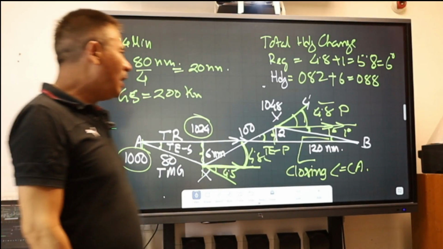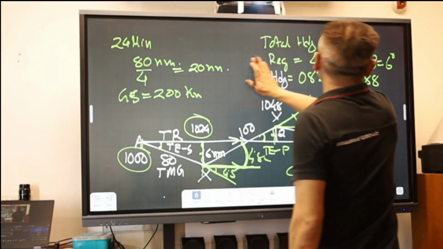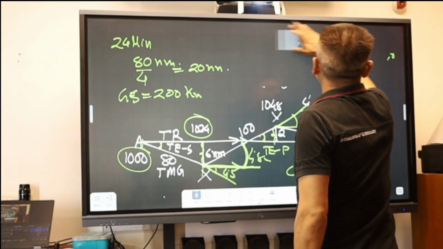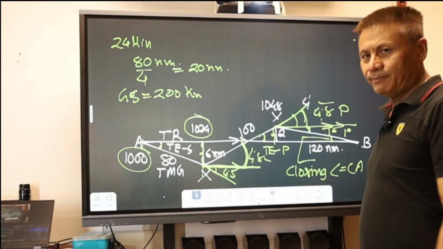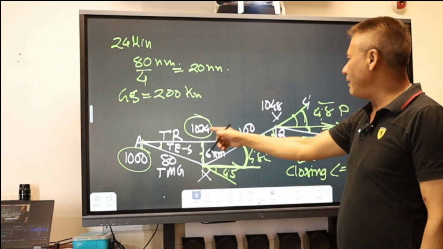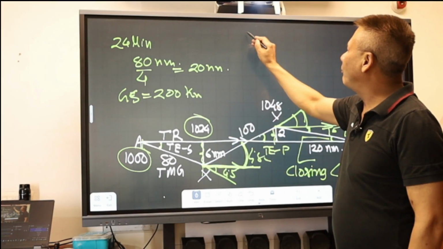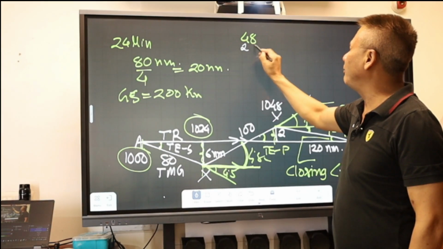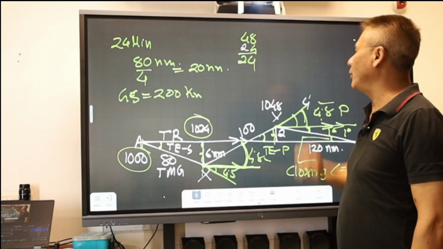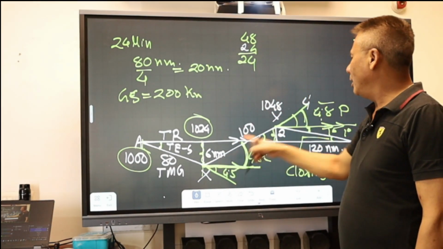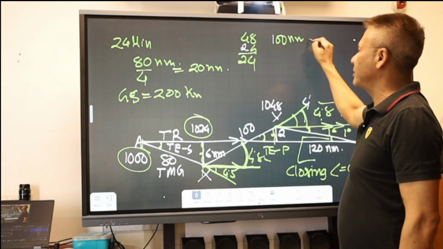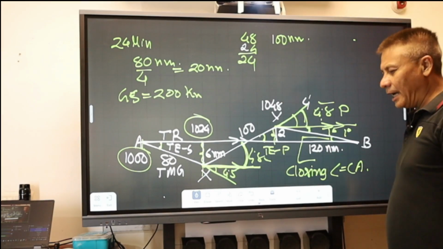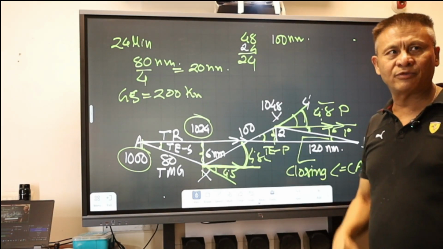Now, similarly, I will calculate the ground speed between X and Y, which is the latest ground speed. So time elapsed again is 48 minus 24, which is equal to 24. In 24 minutes, the aircraft has traveled 100 nautical miles. So 24 is how many parts of 6?